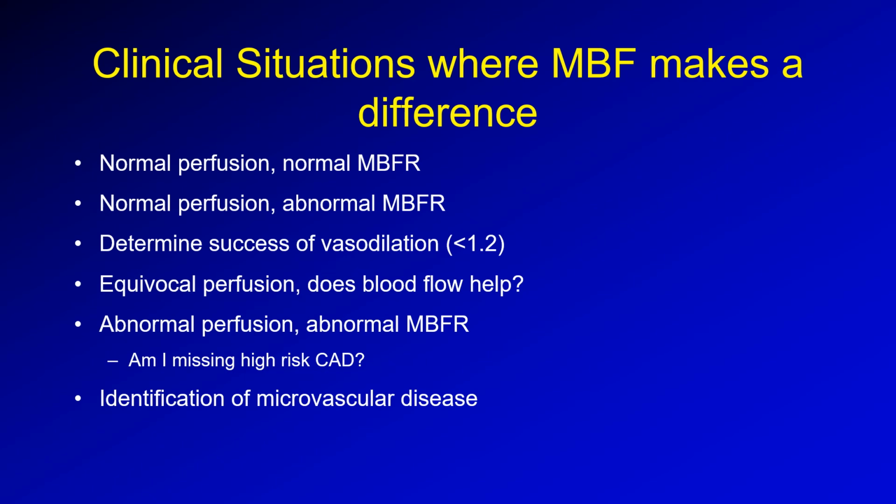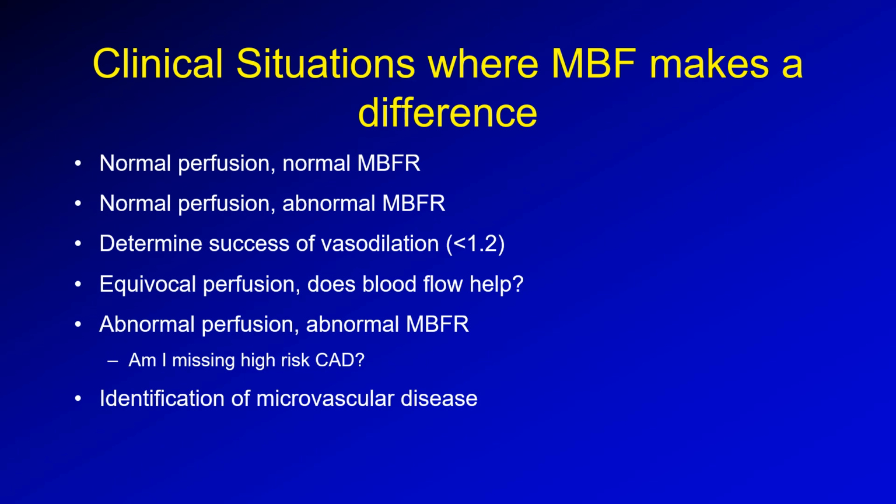There are quite a few clinical situations where the myocardial blood flow reserve makes a huge difference. Patients with normal perfusion and normal blood flow, it makes a huge difference for them, because you can rule out coronary artery disease. They're at a very low risk.